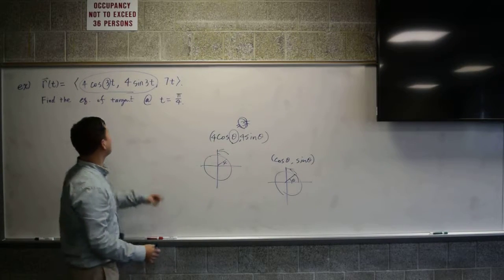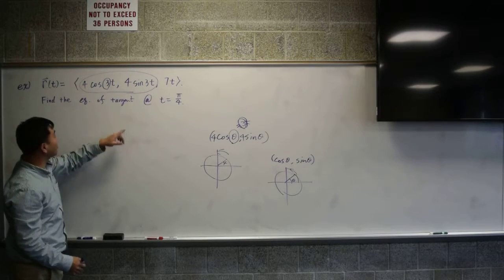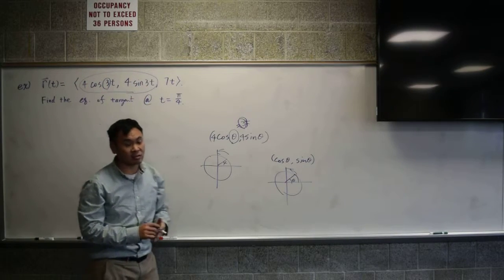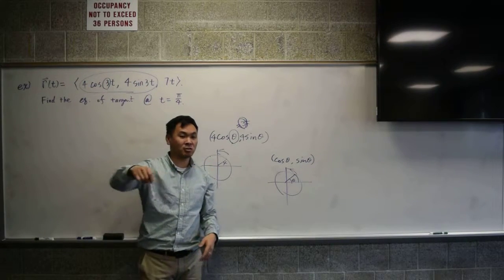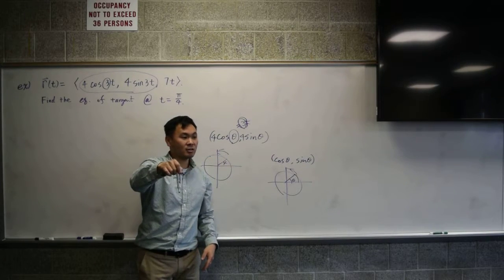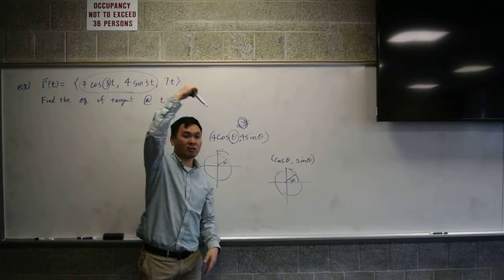Angular speed is 3. So this 4 gives you the radius of the circle, and this is the angular speed. If you only look at x and y, you're going in circles. But at the same time, the z-coordinate is increasing, so it's going in circles but increasing like that.